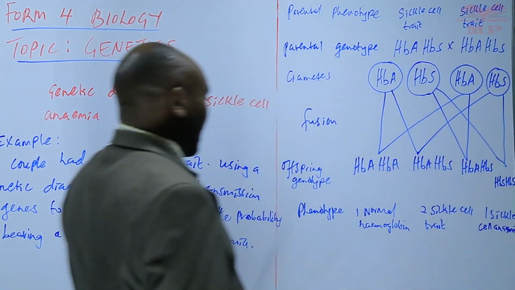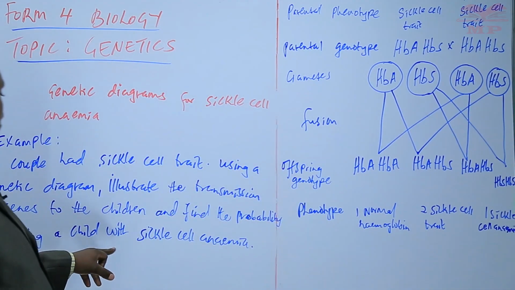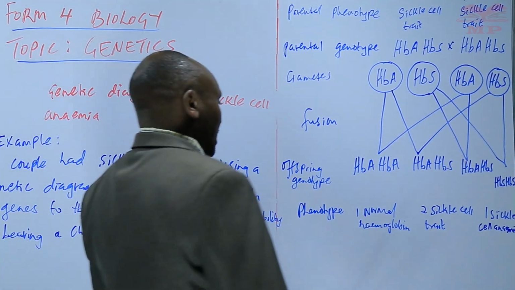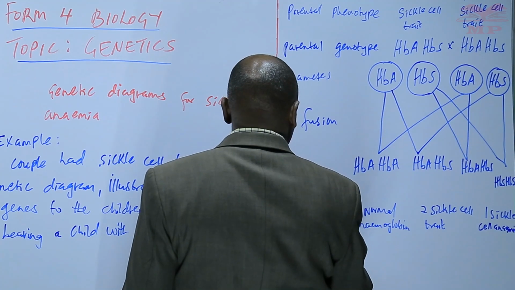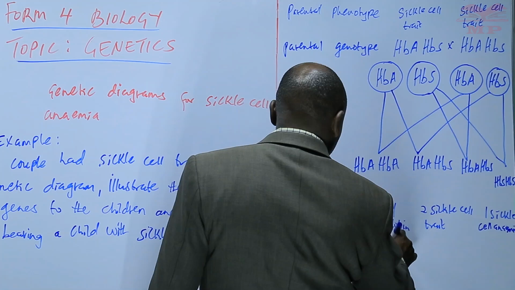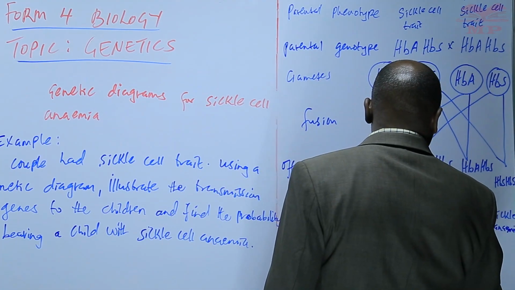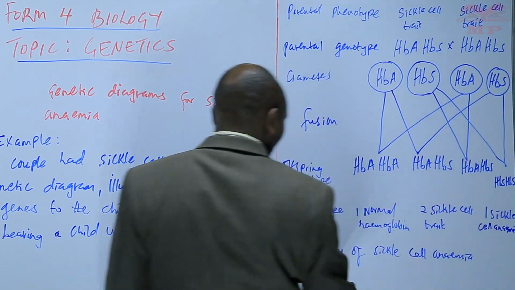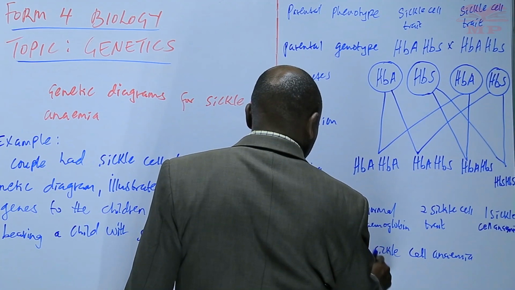One sickle cell anemia. So if you are to work out the probability, we are told to find the probability of bearing a child with sickle cell anemia. So we have only one. So probability of sickle cell anemia is 1 out of 4, which is equivalent to 25%.